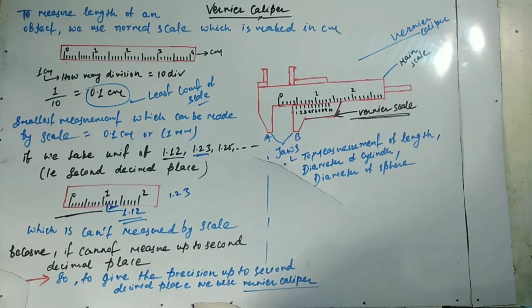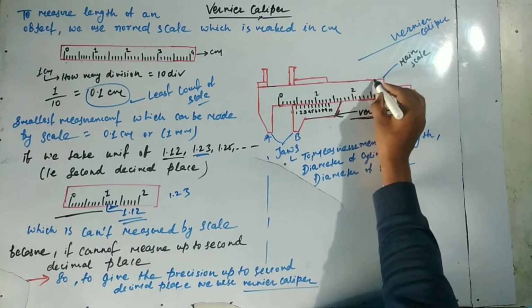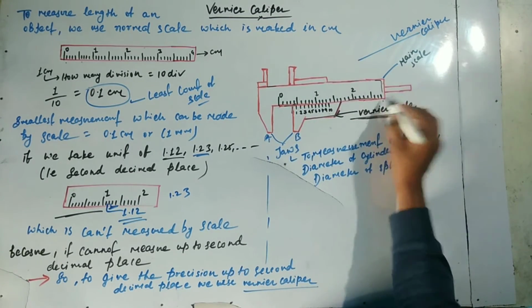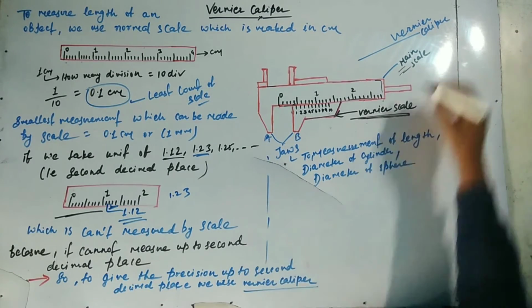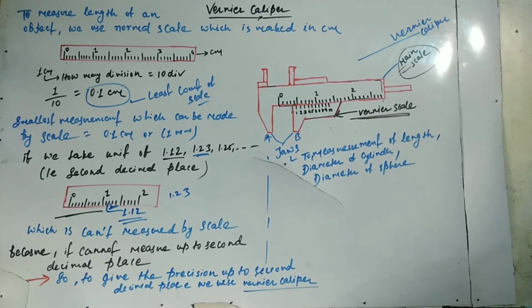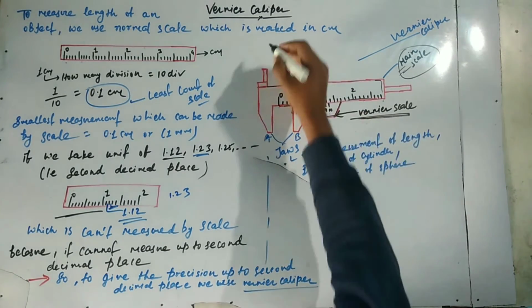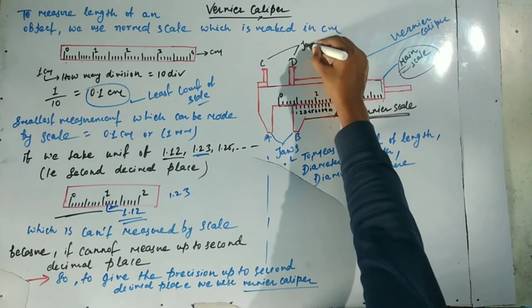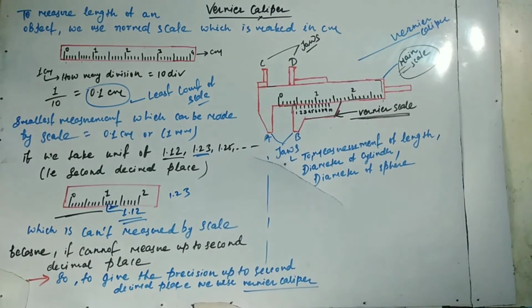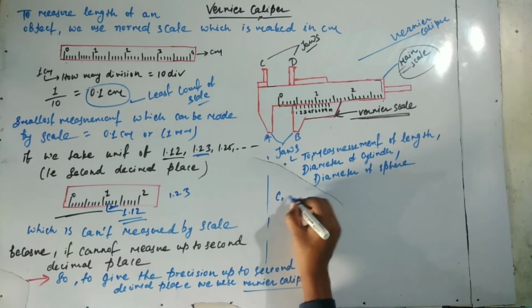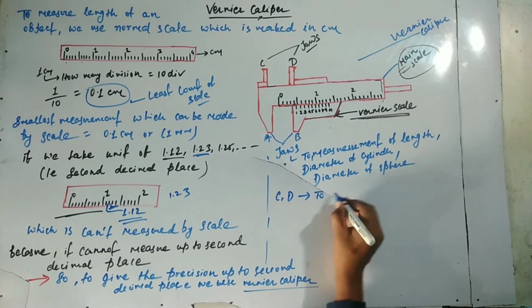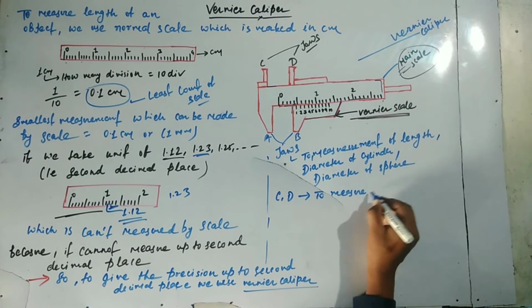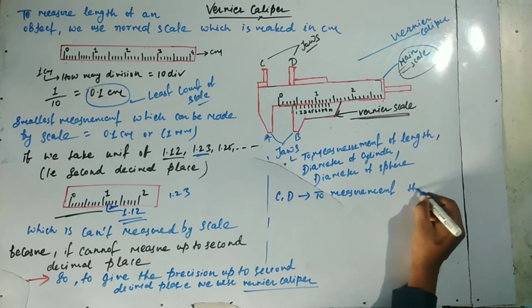On the upper side, two teeth are C and D. They are also called jaws, and their work is to measure the internal diameter.